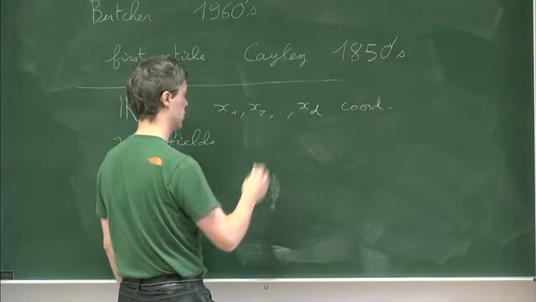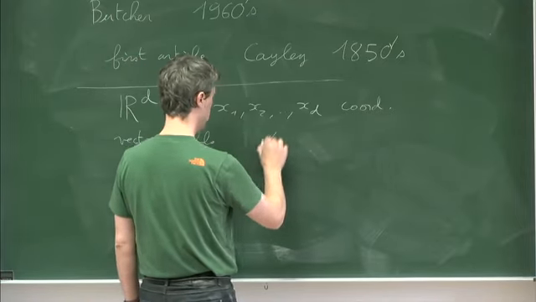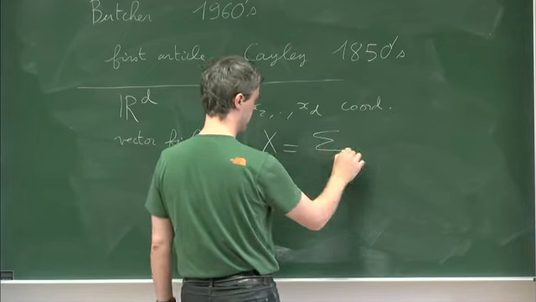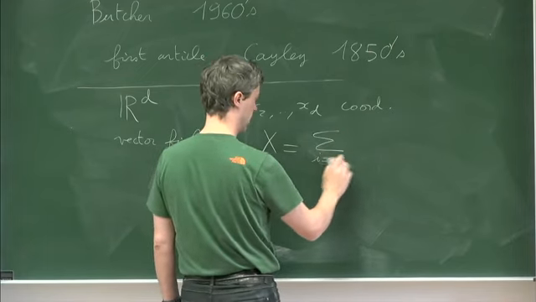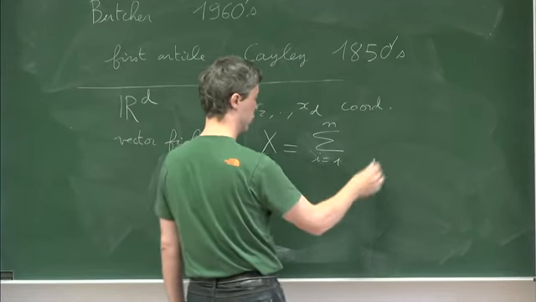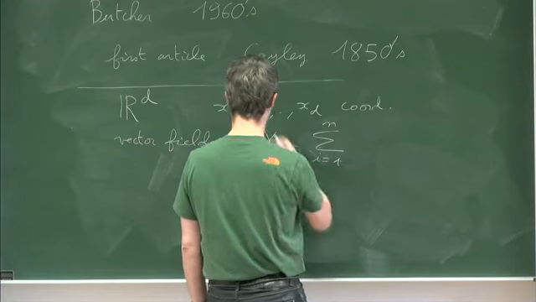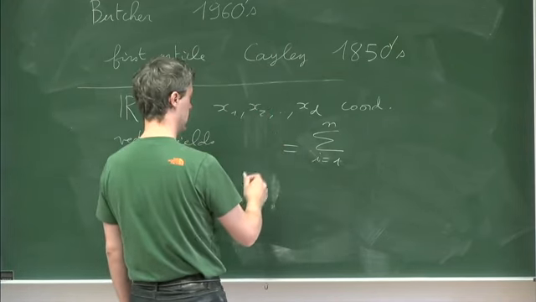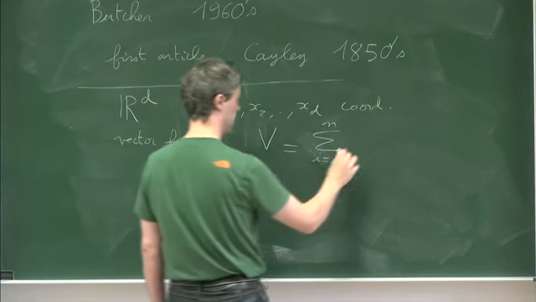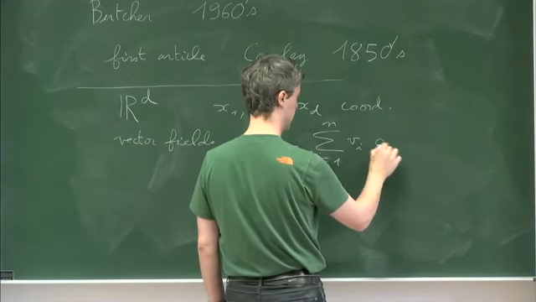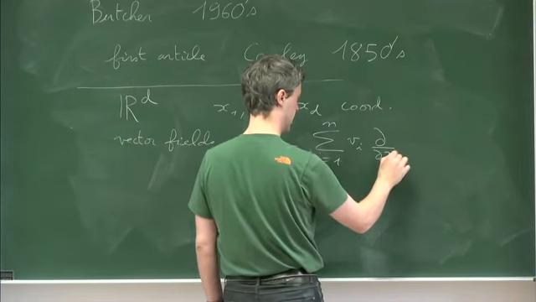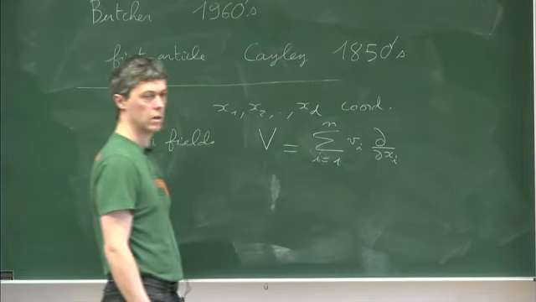A typical vector field can be written as a sum from 1 to d of some coefficient, Vi, d over dxi.